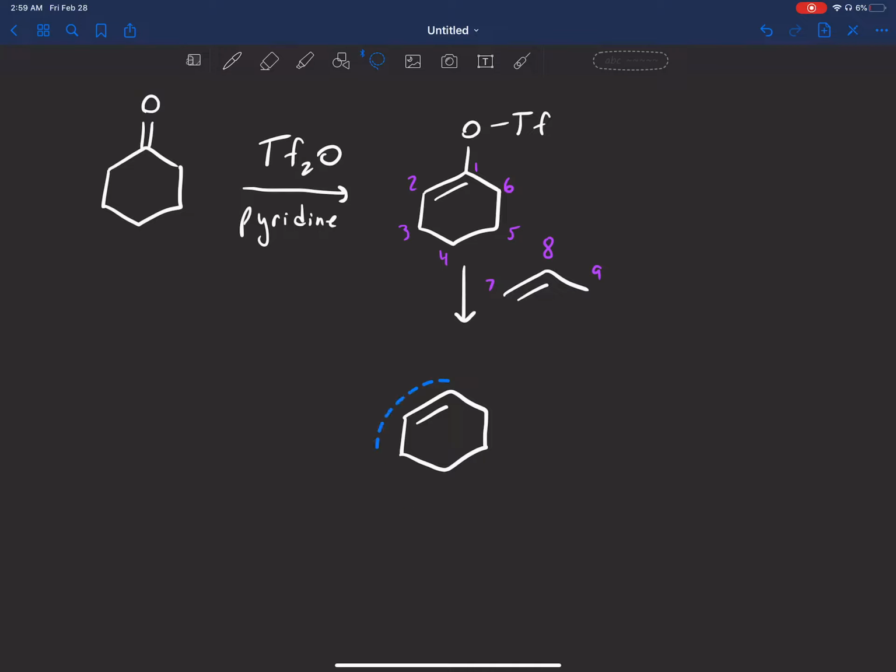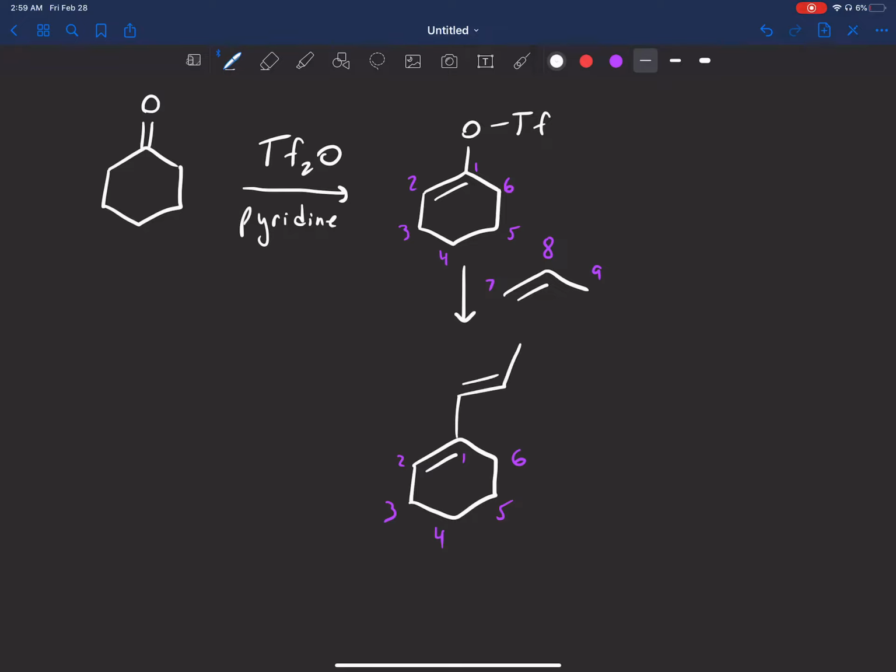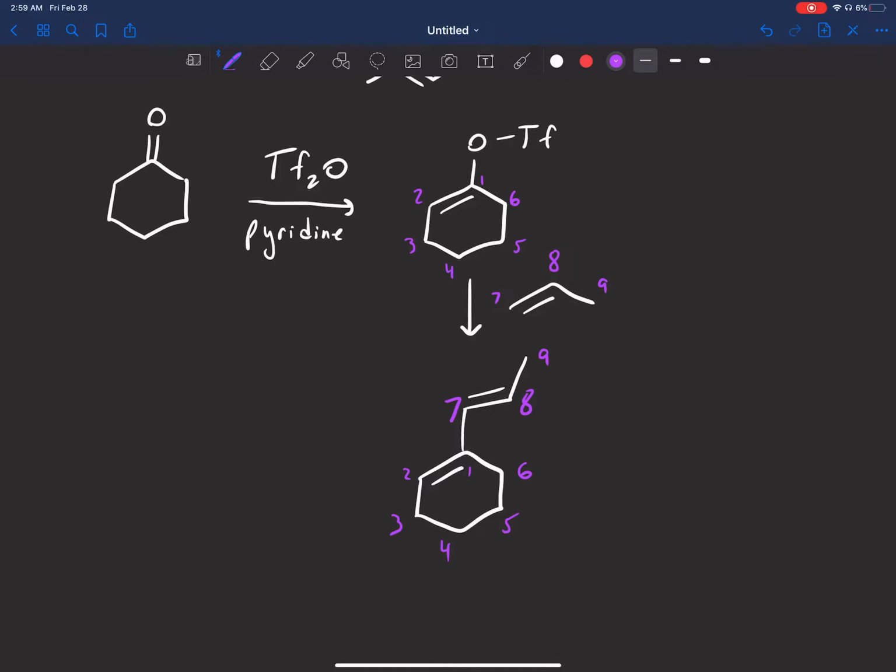So let's renumber before we even go further: 1, 2, 3, 4, 5, 6. We're going to have 1 bound to 7, and we're going to have this compound: 1 is bound to 7, to 8, to 9. So you see that we are able to get exactly what we intended.